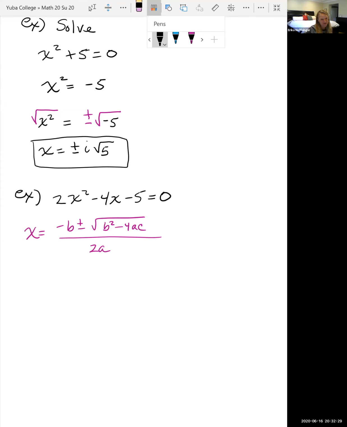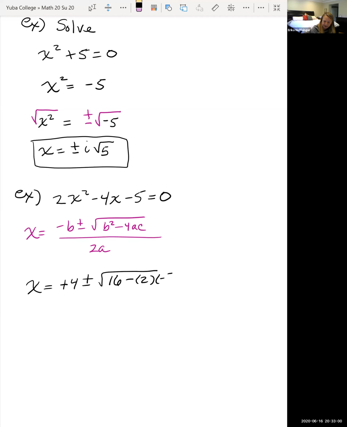Anyways, so negative b, so we get x is equal to, so b is the coefficient in front of the x, so negative of negative 4, well, that's really positive 4, so I'm just going to put 4, plus or minus the square root. So b squared, negative 4 quantity squared, negative 4 times negative 4 is positive 16, minus 4 times a, which is 2, times c, which is negative 5, all over 2 times a, which is 2.